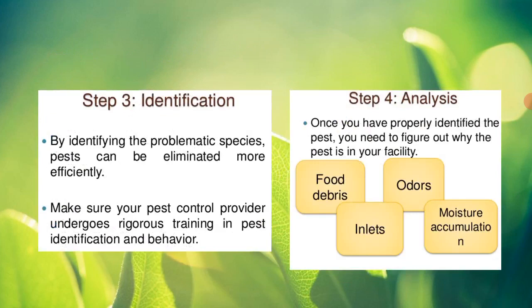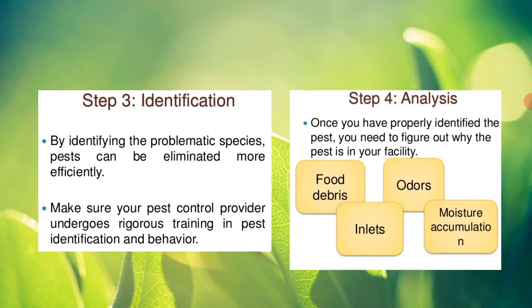We have to make sure that the pest control provider undergoes rigorous training in pest identification and behavior, so that we can differentiate which species is present in our field or in the plant, and accordingly administer the respective pesticides or any other option, an eco-friendly method, to remove or kill those organisms or insects.